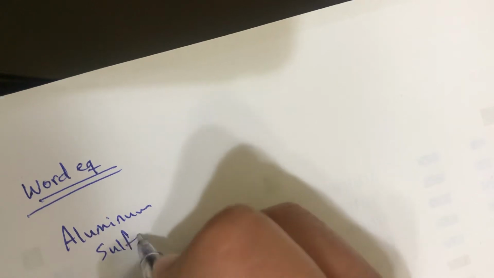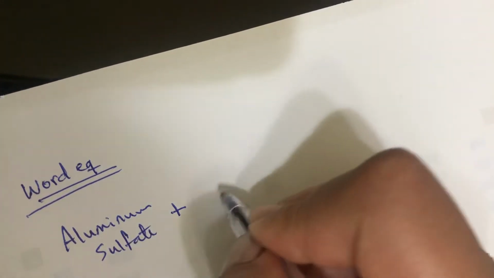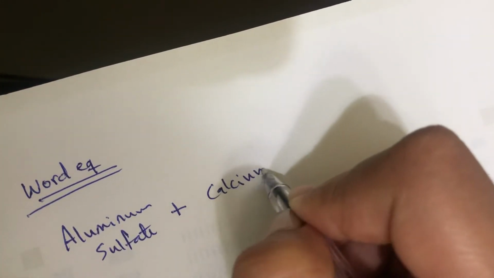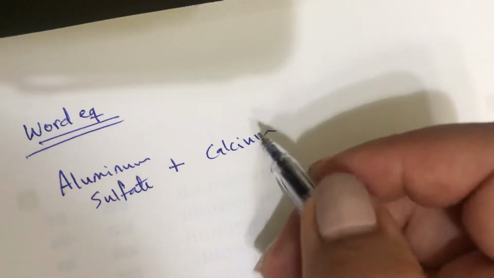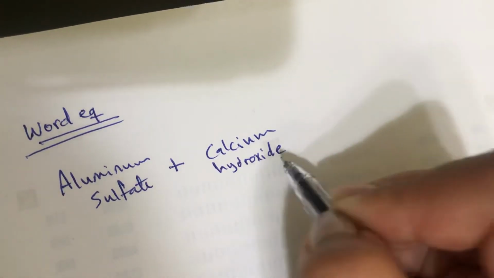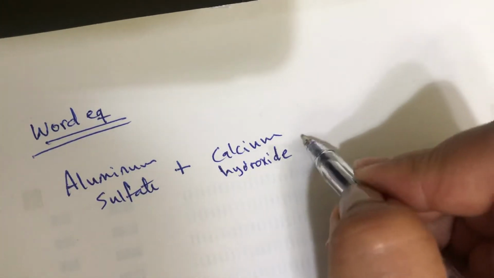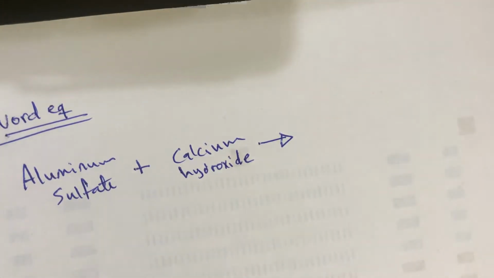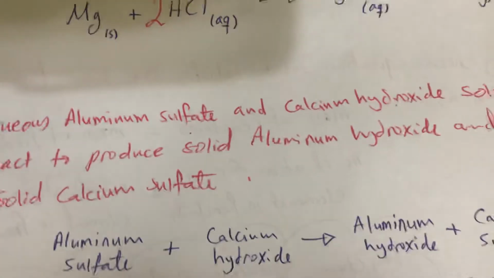So the reactants are aluminum sulfate and calcium hydroxide. What are the products?